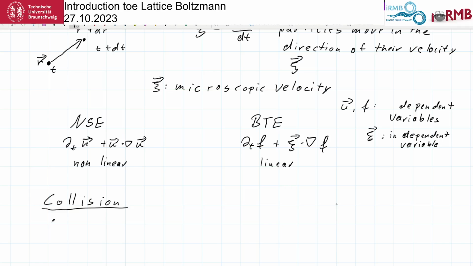So Boltzmann has an assumption. He assumed that there are only binary collisions, meaning that whenever particles touch, only two of them are involved, never three at the same time.